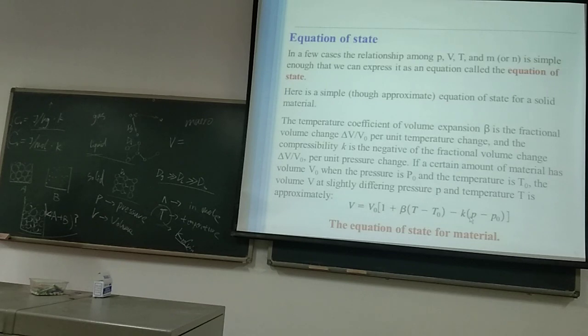Therefore, for the constant k, there is a negative sign before it, to show that the larger the change in the pressure, the smaller its volume is. However, it is an equation, but it's not so useful.